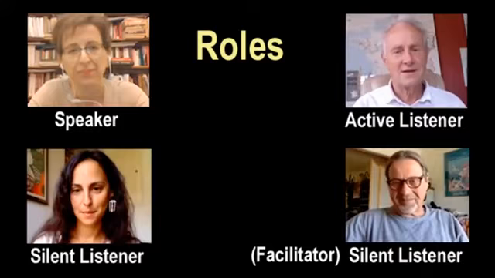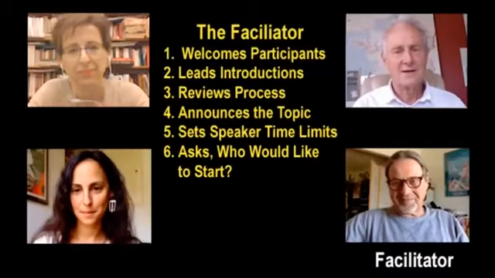And the facilitator, who organizes, schedules, and hosts the circle. They also do the timekeeping, and they have some experience with the process and help keep participants in the process. However, everyone has the responsibility to hold the process and the practice.